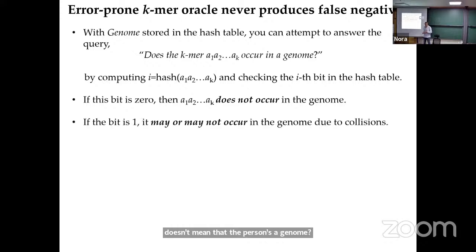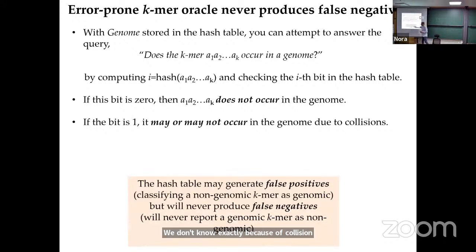Not necessarily. It may appear, but it may not appear. We do not know exactly because there are collisions. So the hash table may generate false positives, which means it may classify non-genomic k-mers that have nothing to do with the genome as genomic. It says it may appear in the genome, but it never produces false negatives. It will never report a genomic k-mer as non-genomic.